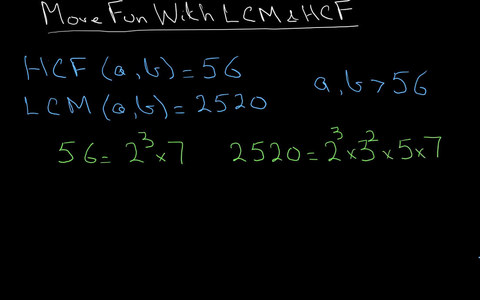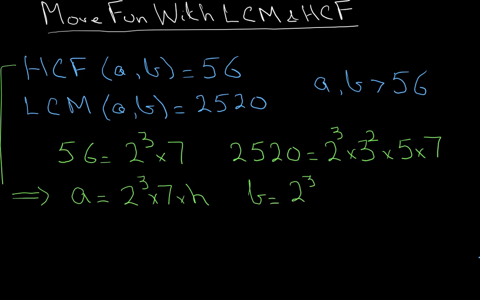Okay, so now I know some things. Since 56 is the highest common factor, it's a common factor of A and B. So what that means is that A is equal to 2 cubed into 7 into H, some number, and B is equal to 2 cubed into 7 into K, right?